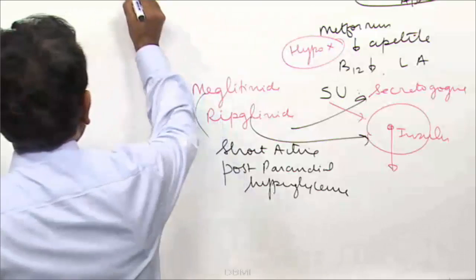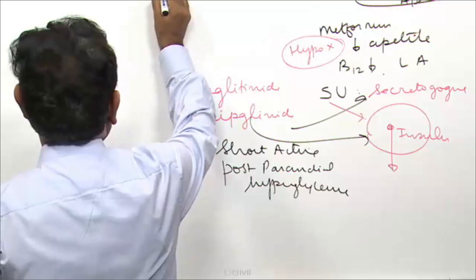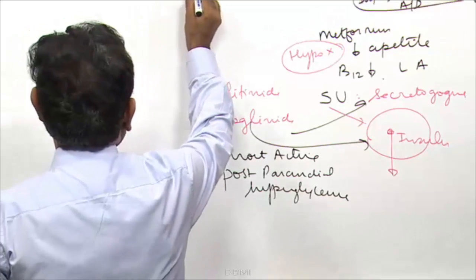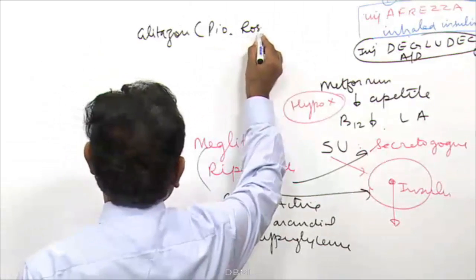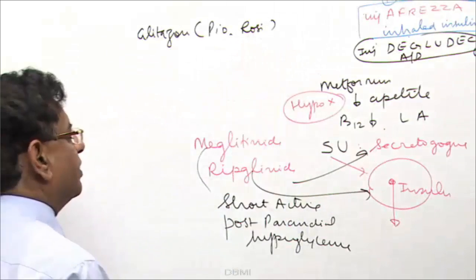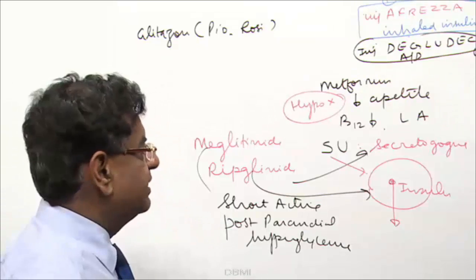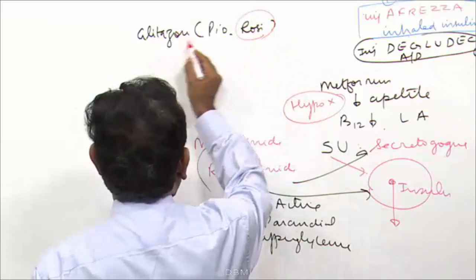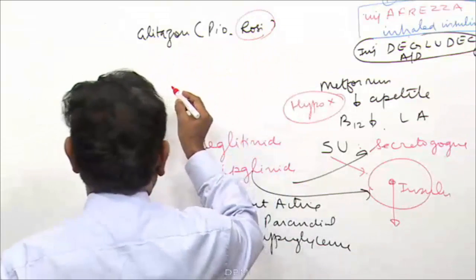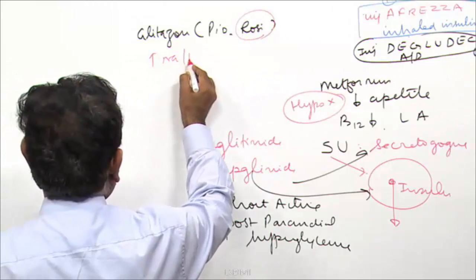Then we have glitazones. This includes pioglitazone and rosiglitazone. I hope you are well aware, recently this drug has been banned in our country, because both these drugs lead to increased sodium and water reabsorption.